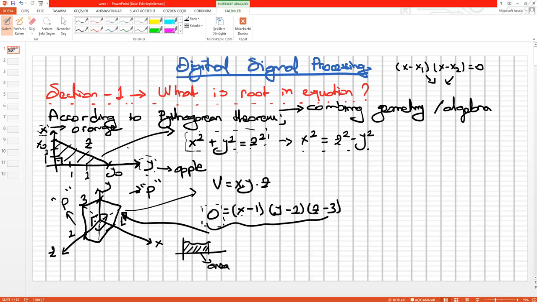The Pythagorean. We can relate two dimensions or two features by using what? This formula. Okay? And this 0 proves that this is a homogeneous solution or unique solution for this system.